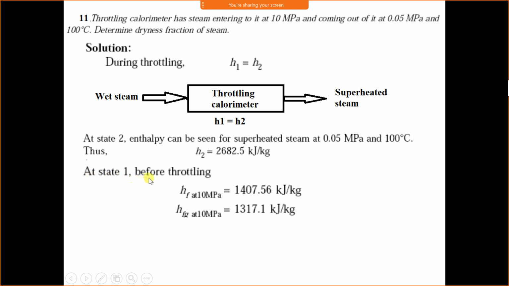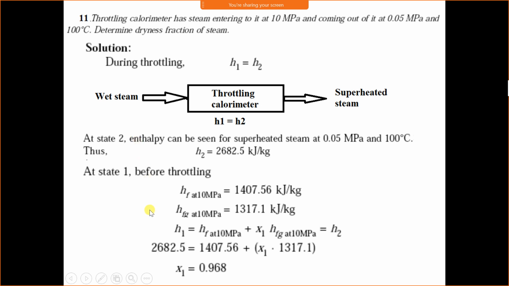Now at state 1, before throttling, we will take the values of HF and HFG. We know that before throttling the steam is wet. If the steam is wet, we have to use the formula HF plus X HFG. The formula will be H1 equals HF plus X HFG at the given pressure of 10 megapascal, which means 100 bar.